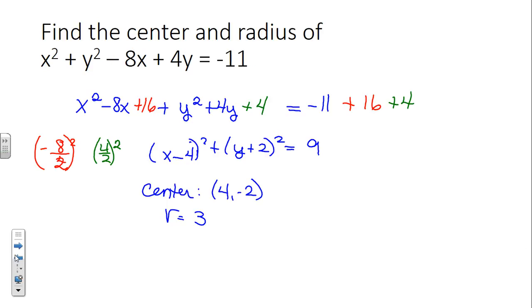Our center was (4, -2), and our radius is the square root of 9. You do the thing twice. Here's our h and here's our k. Okay, I get it, that makes sense.